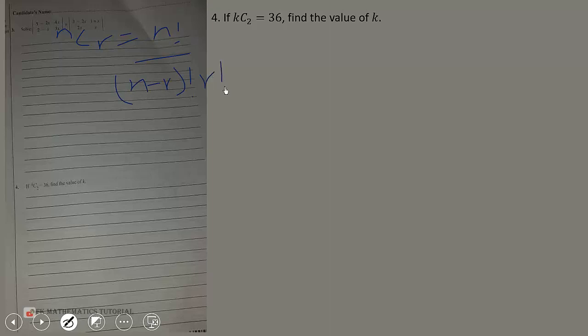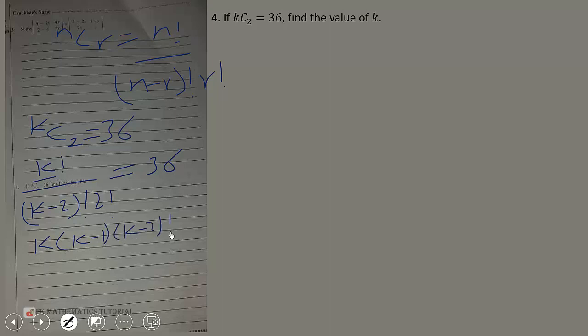So if we have k combination 2 is equal to 36, then we have k factorial over k minus 2 factorial times 2 factorial is equal to 36. So we can rewrite this so that we get k minus 2 factorial in it. So k times k minus 1 into bracket k minus 2 factorial. It continues, but we end here for the sake of k minus 2 factorial in the denominator, because we know that it will surely cancel it for us nicely.